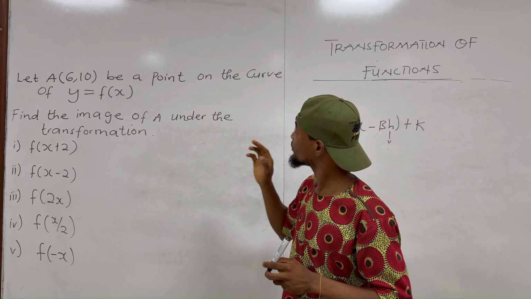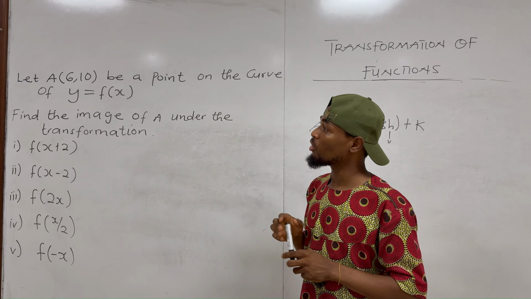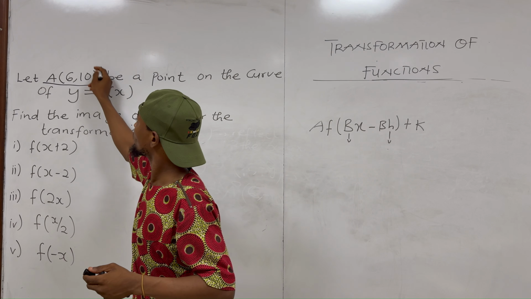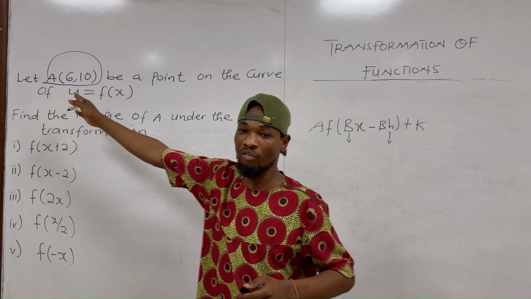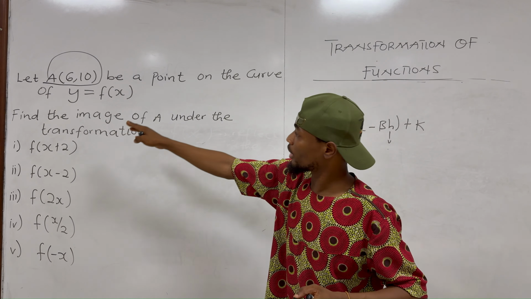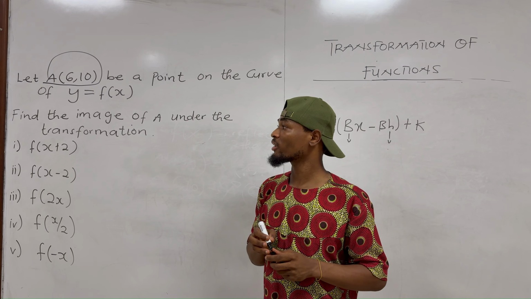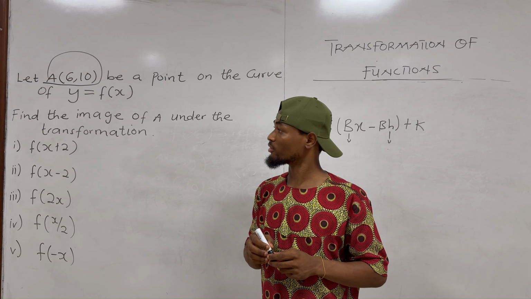B a point on the curve of y equals f of x. Okay, so this is the coordinate of A, and y is equal to f of x. And the question reads, find the image of A under the transformation.